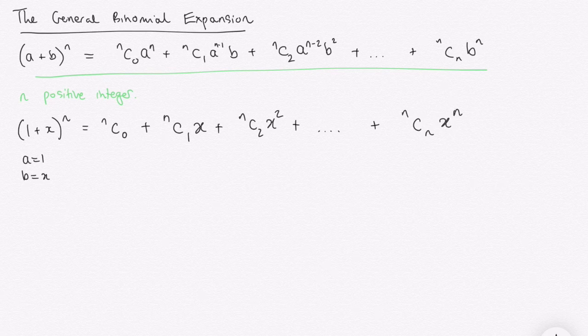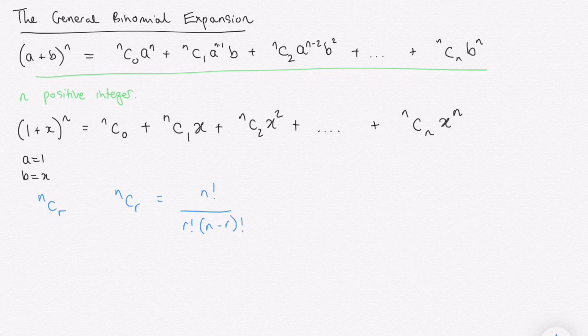And now I want to think about these binomial coefficients, which are our n choose r. You may have used Pascal's triangle to find these, or you may have used the formula n choose r is equal to n factorial over r factorial times (n minus r) factorial.